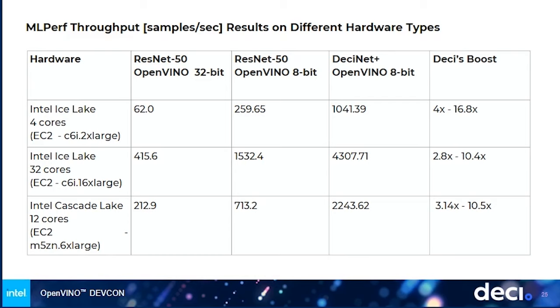We see, for instance, on Intel Ice Lake with 32 cores, versus the baseline of ResNet50 with 32 bits, we get a 10.4 times improvement. And if we also give the ResNet50 an 8-bit quantization, we still get a 2.8 times improvement.